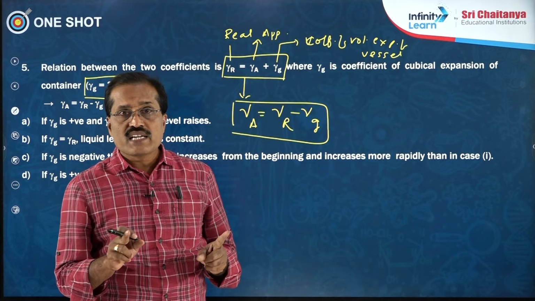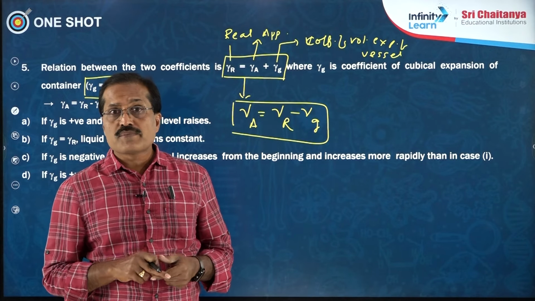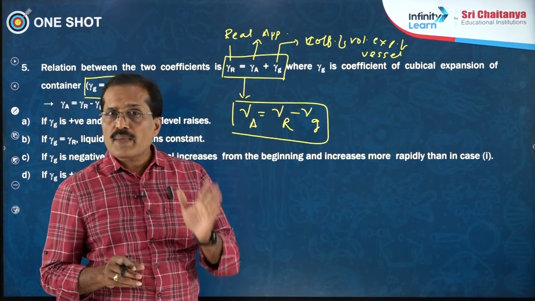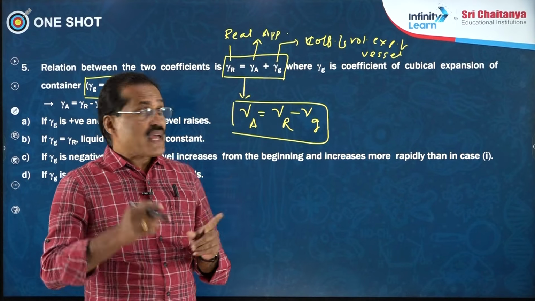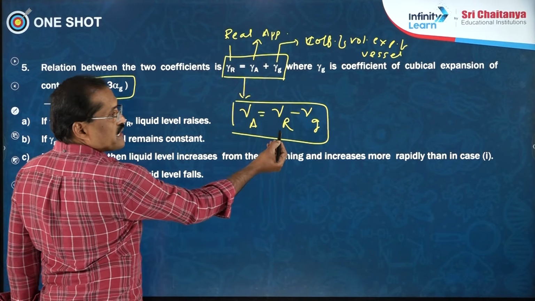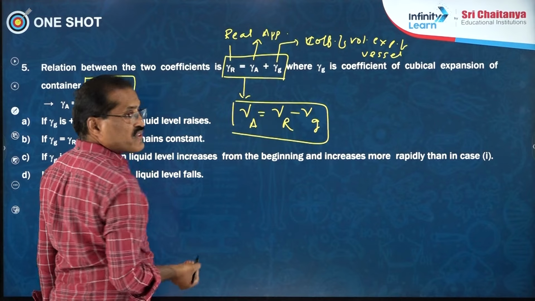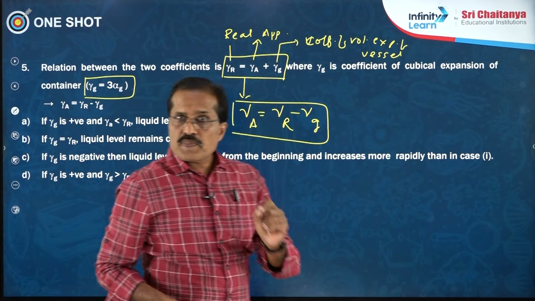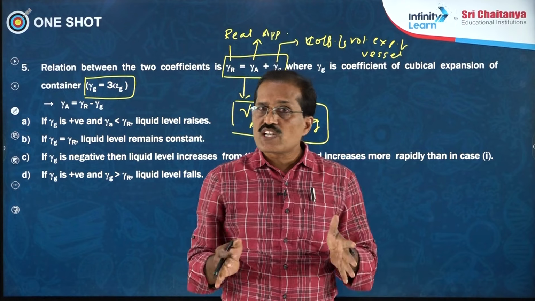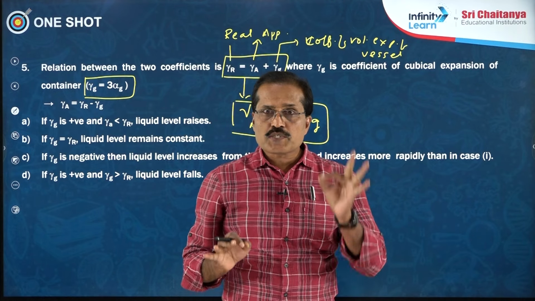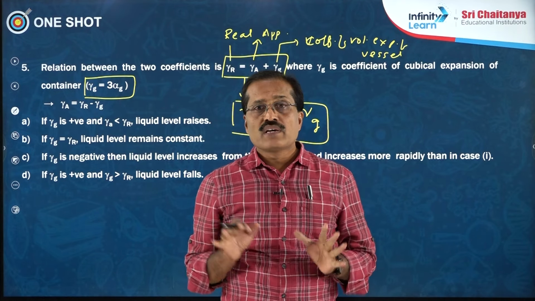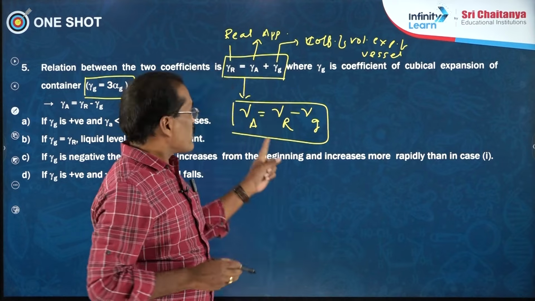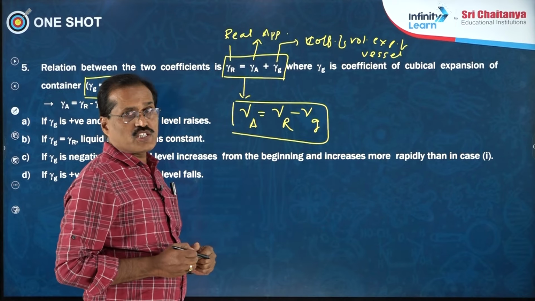You find that the real expansion in all three cases is the same, because the liquid is the same, but the apparent expansion is not the same. Apparent expansion depends upon the expansion of the liquid plus the expansion of the vessel, right. Does the real expansion depend upon the expansion of the vessel? No. Real expansion is the actual expansion of the liquid, and apparent expansion depends on the expansion of the vessel.